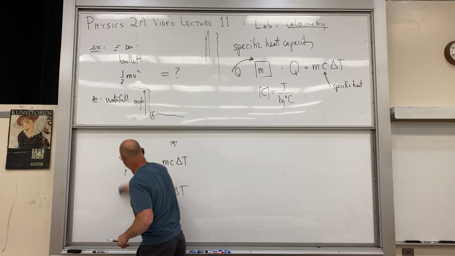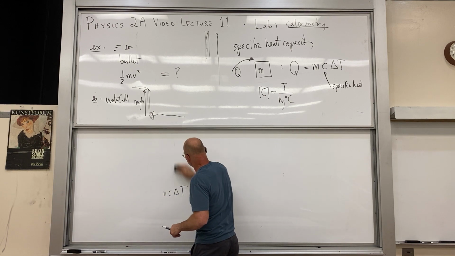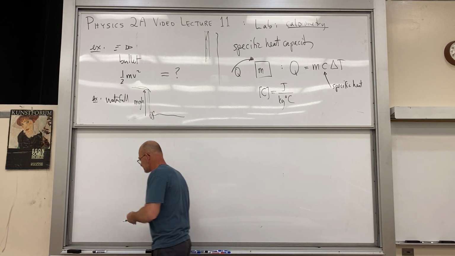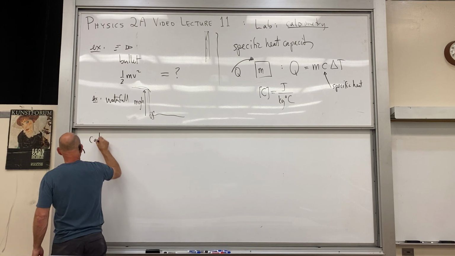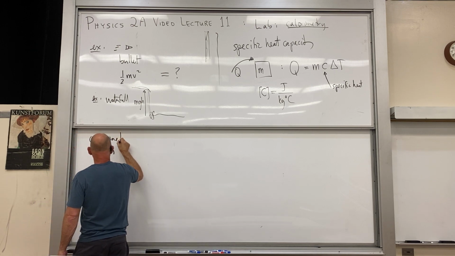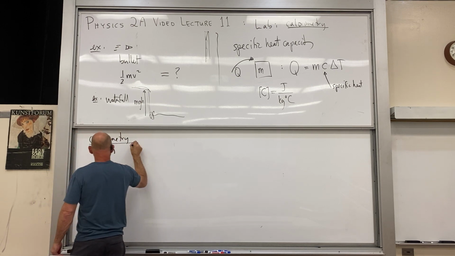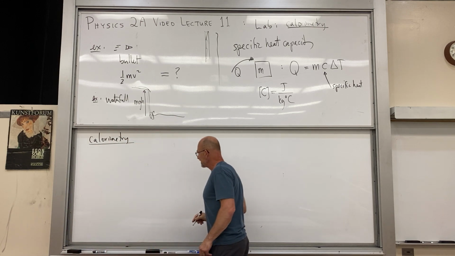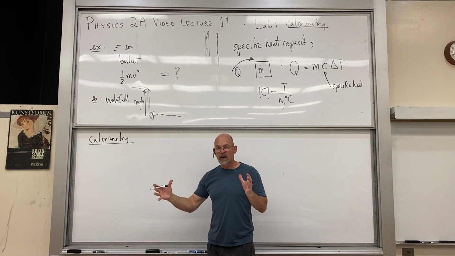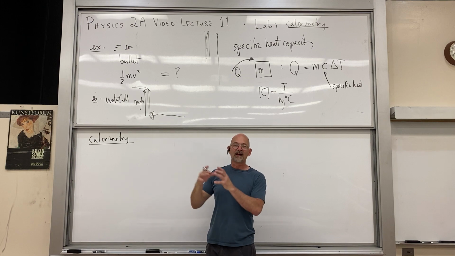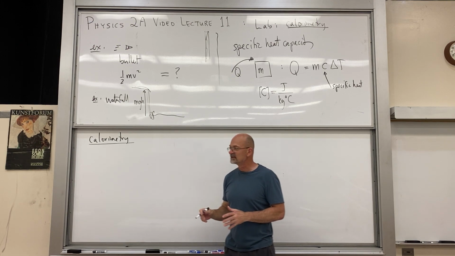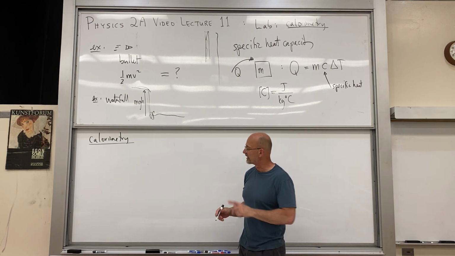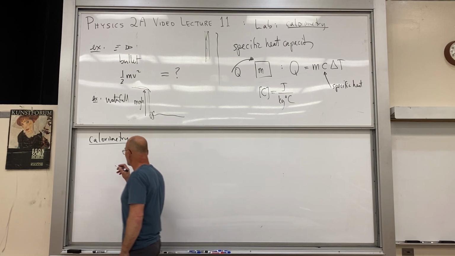Okay, so calorimetry. The idea is that we bring two objects into contact with one another and wait until the temperature equalizes. So that's the first thing we have to know.